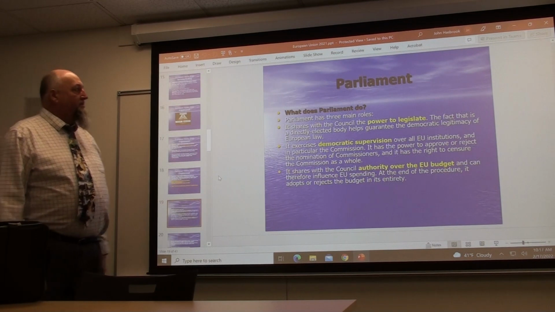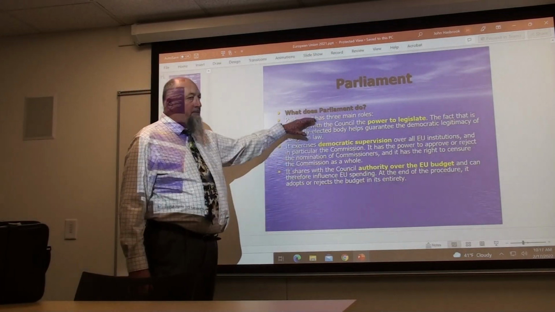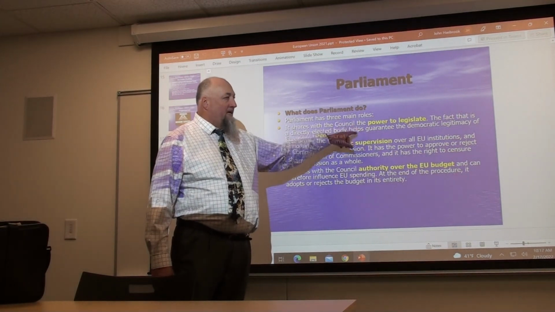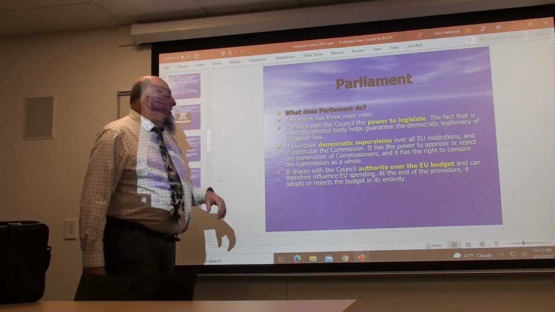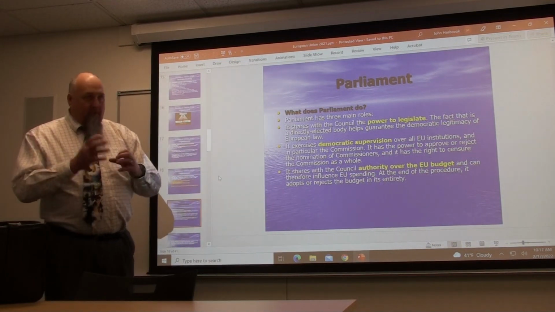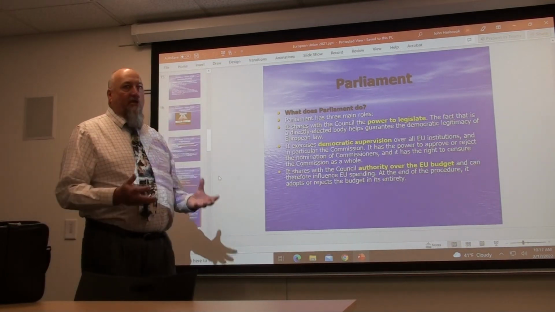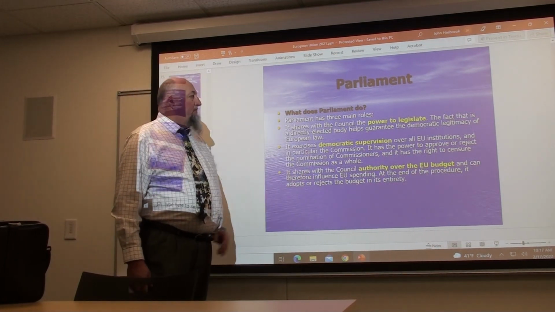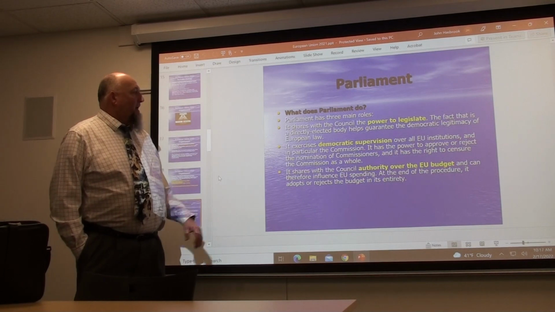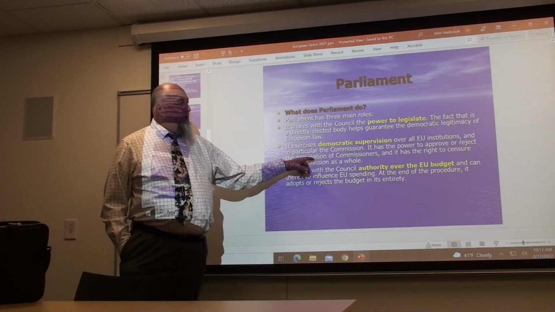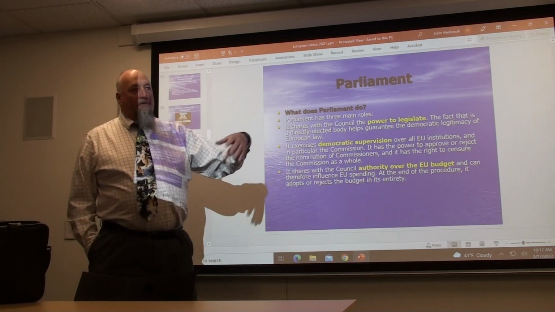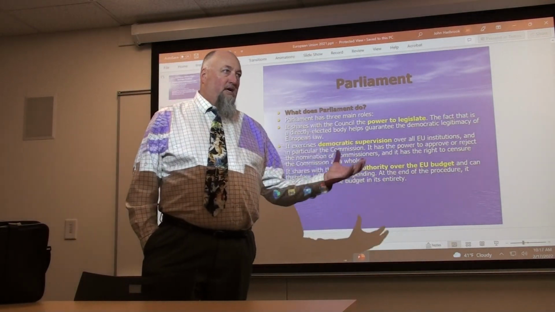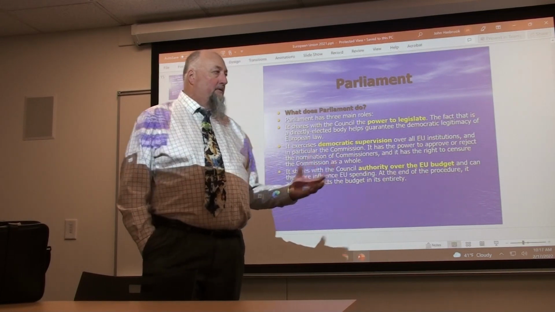Okay, so some other roles within the Parliament. Three primary roles. First of all, it shares with the Council the power to legislate. Again, fundamentally different in terms of an IGO. Most IGOs do not have legislative power. Also, supervision of all the EU institutions, and the power to approve or reject nomination of commissioners. Commissioners are nominated by their respective member states, and then they have to be approved or rejected by the Parliament.